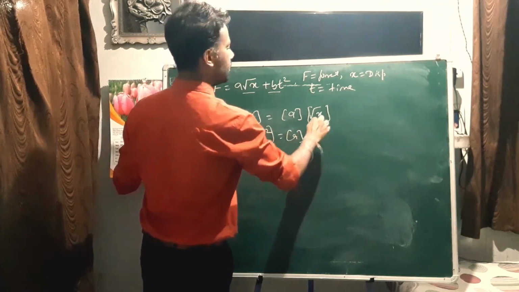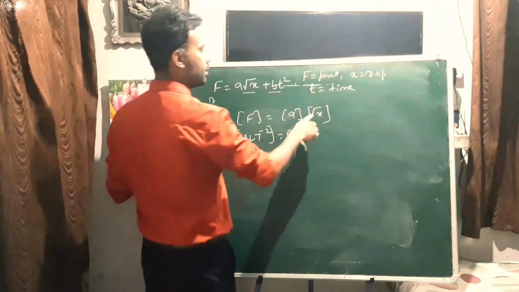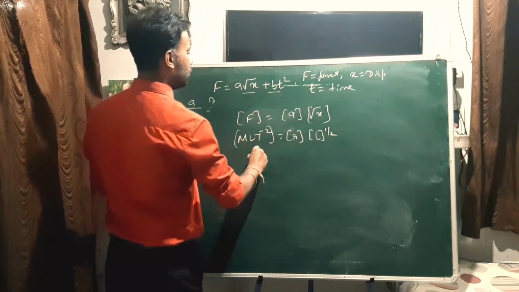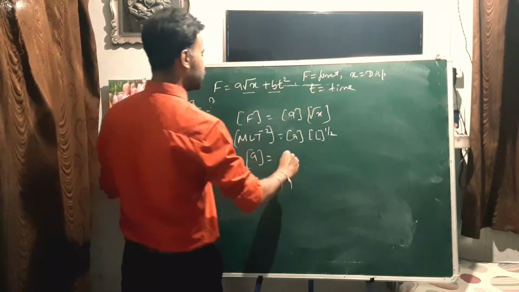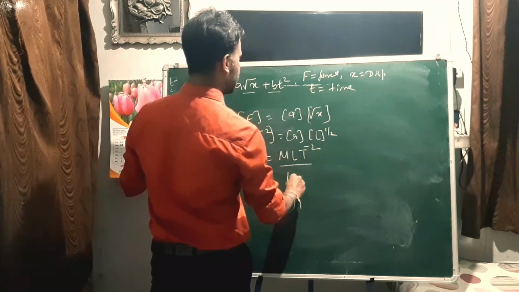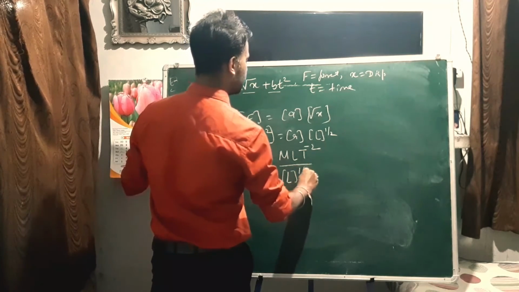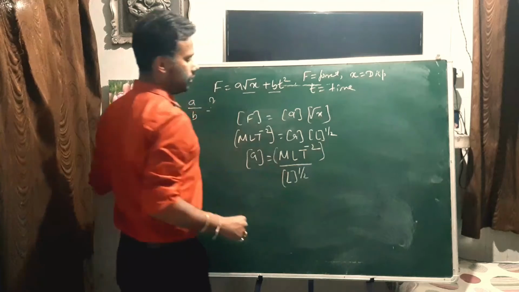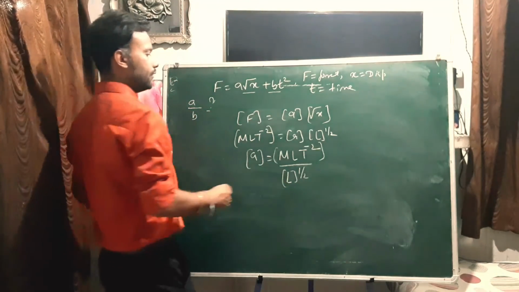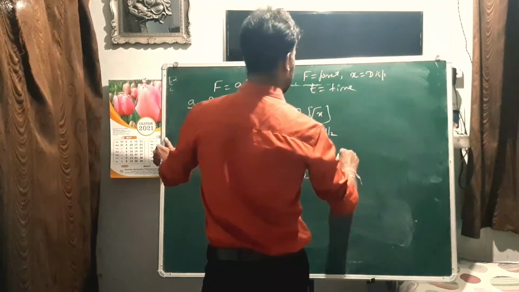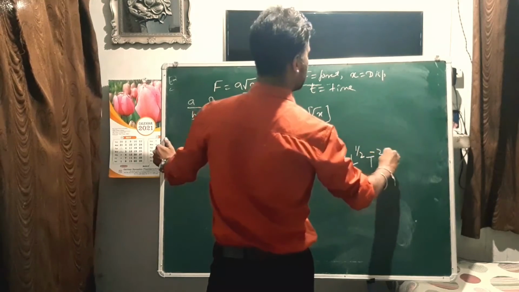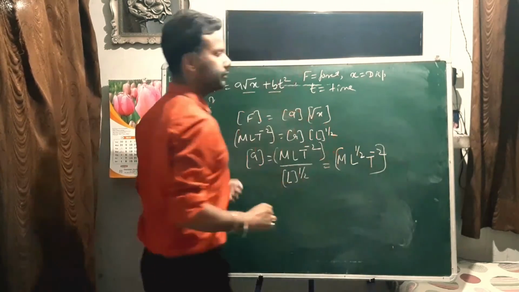Dimension of x is L, but it is root, so that means L to the power 1 by 2. So a equals M L T minus 2 divided by L to the power 1 by 2. When this comes in the numerator, it will subtract from the L. The dimension of a will become M L to the power 1 by 2 T minus 2.